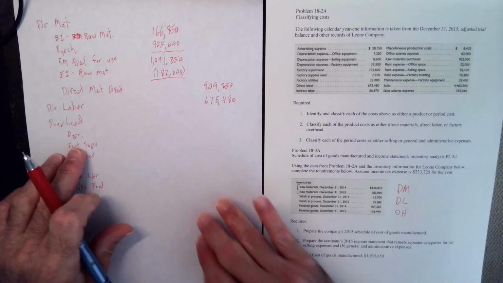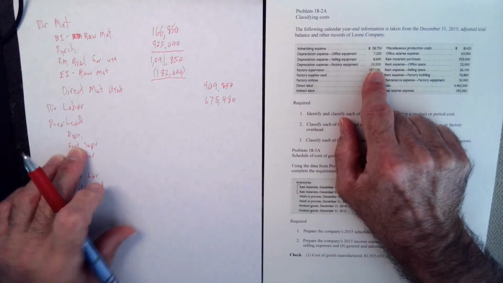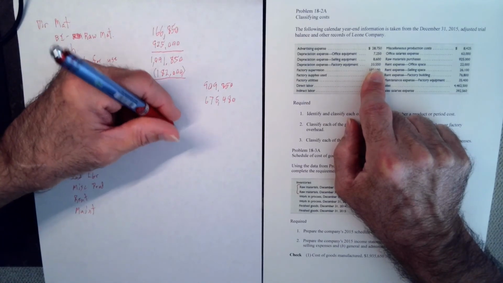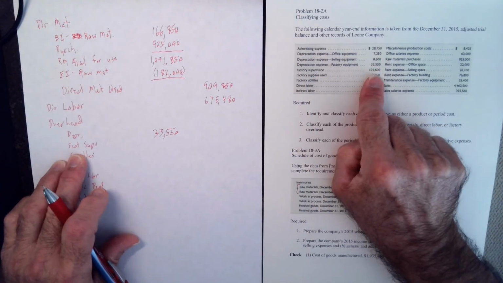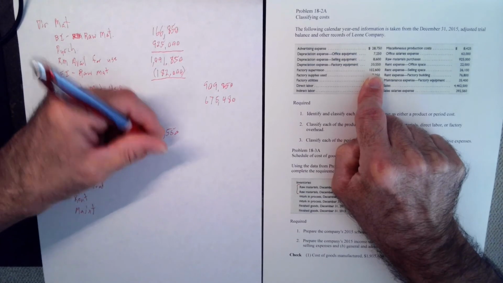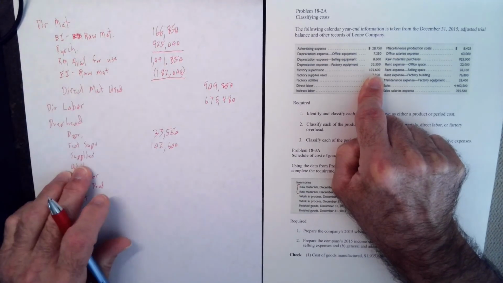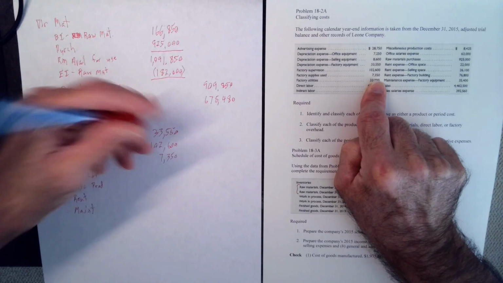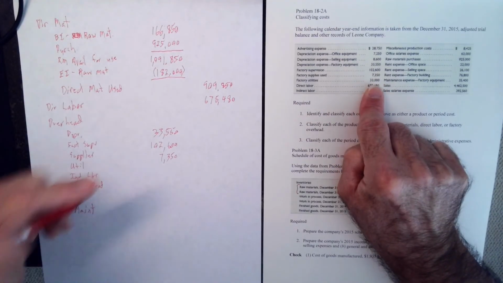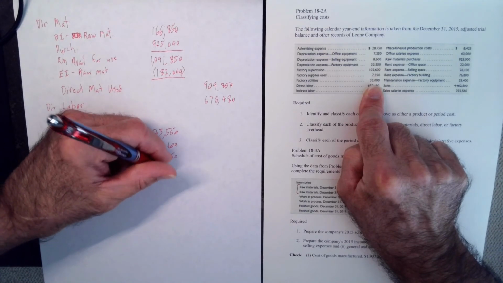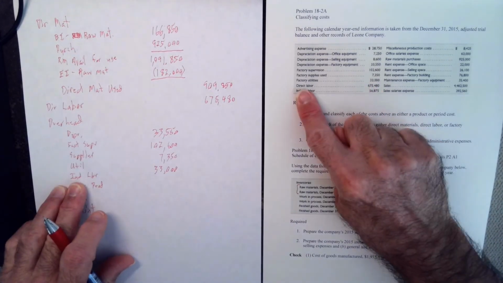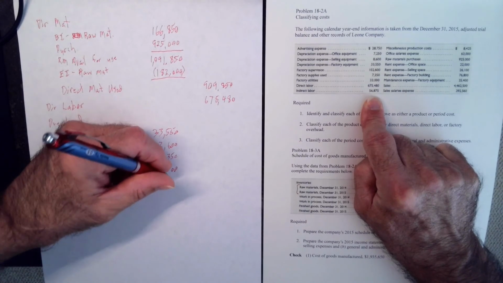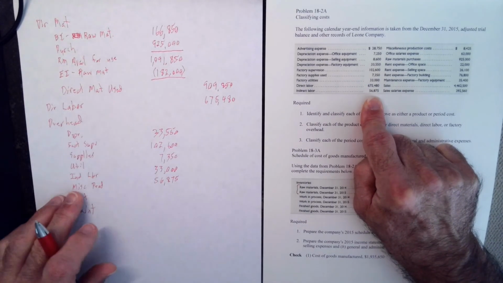So my depreciation expense for factory equipment, $33,550, and I'm going to indent this. Factory supervision right here, 102,600. Supplies used, 7,350. Utilities, 33,000 even. Indirect labor, 56,875. What else?